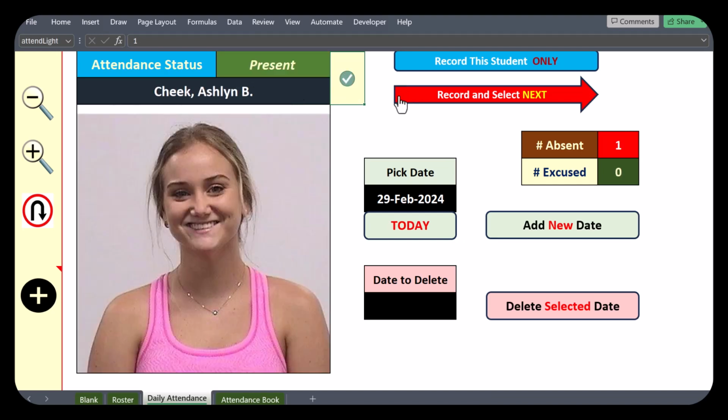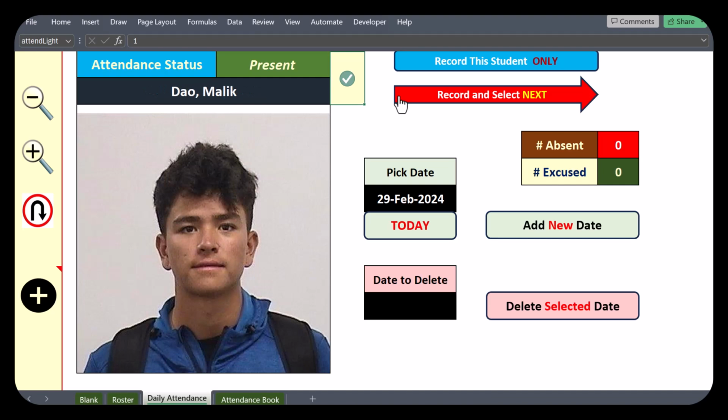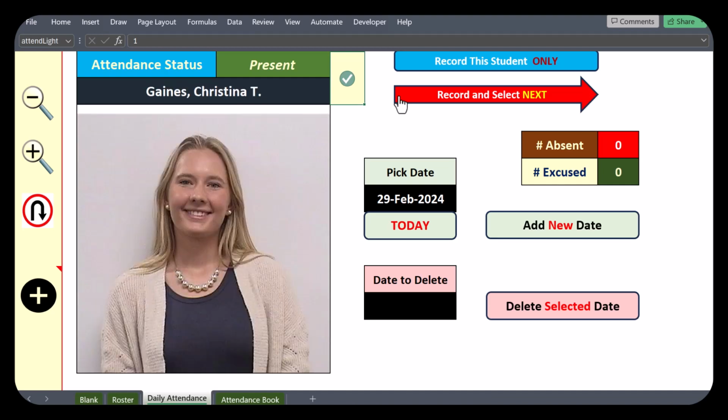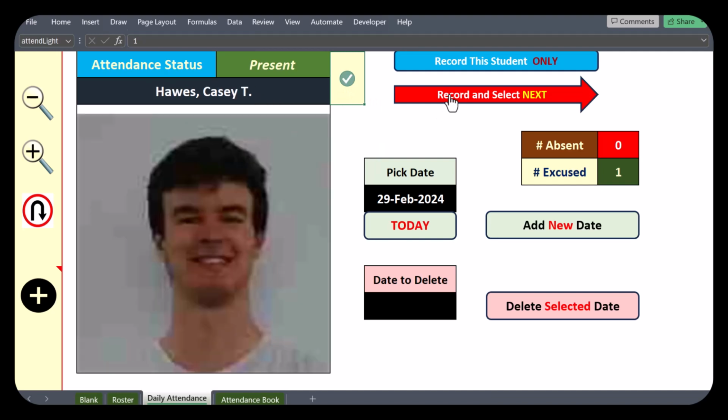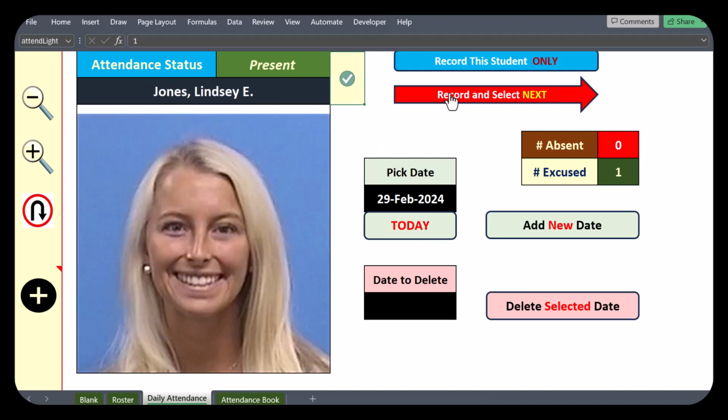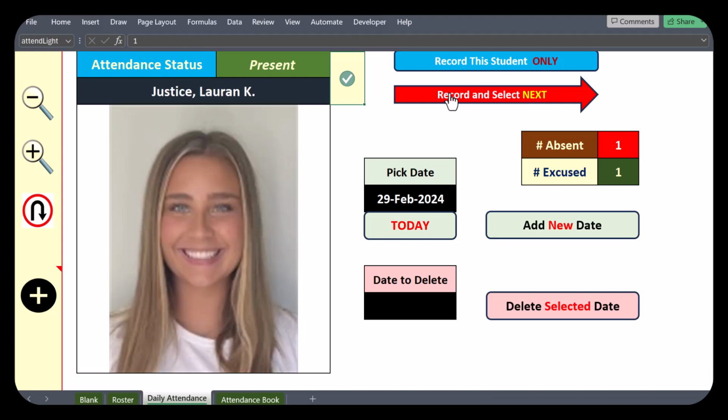Callahan. Ashlyn. Malik. Christina. Chaz is excused today. Gibbons. Casey. Lindsay Jones. Lauren Justice.